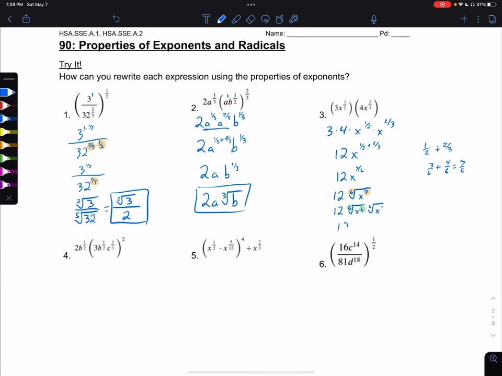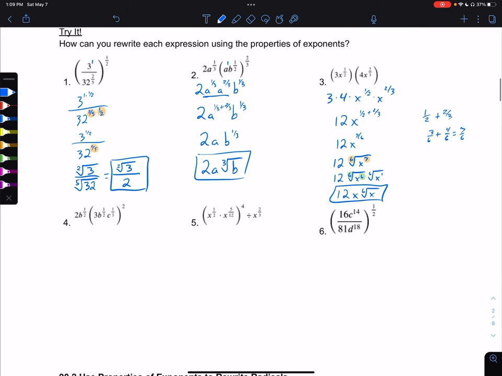So this would be 12x times the 6th root of x. And that would be my final answer here. All right, do be careful with when you stop. Make sure that the index is greater than the number on the inside. So if the index is less than, like in this case, 6 is less than 7, then you would need to simplify that.